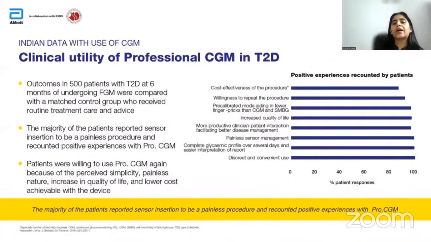So they were asked a number of questions: cost effectiveness of the procedure, willingness, whether they wanted to continue it again, whether it was helpful in improving their quality of life, whether they felt that the clinician-patient interaction improved and was more productive, how did they feel, whether it was a painless sensor management, how was the glycemic profile, was it easy to interpret the reports, and whether it was discreet and convenient to use.